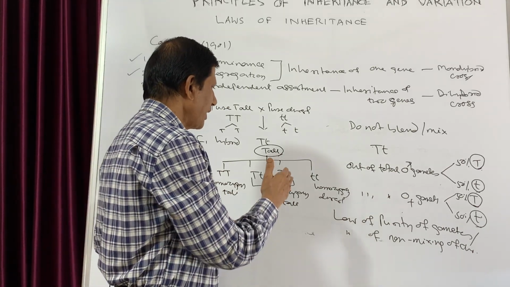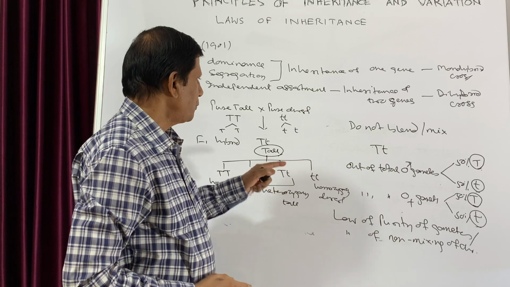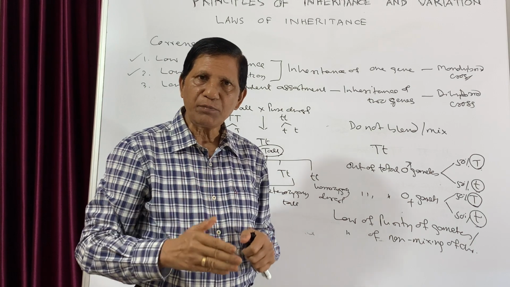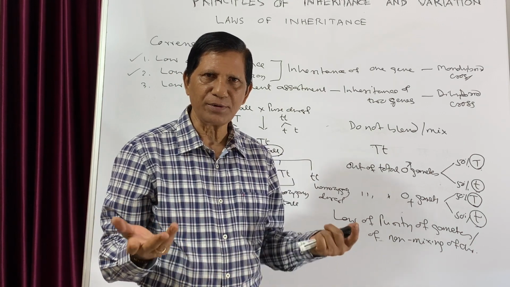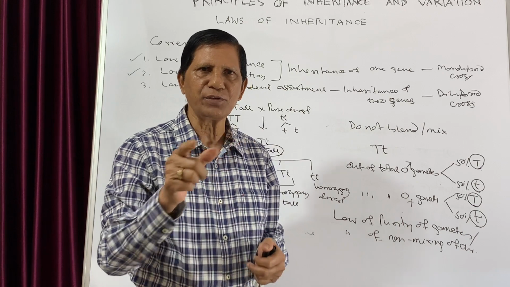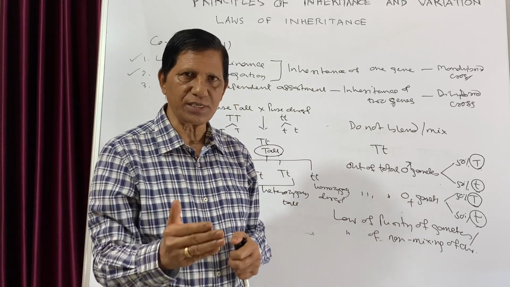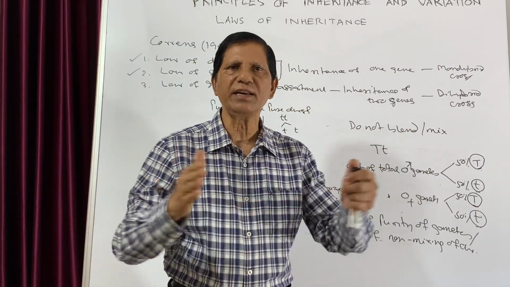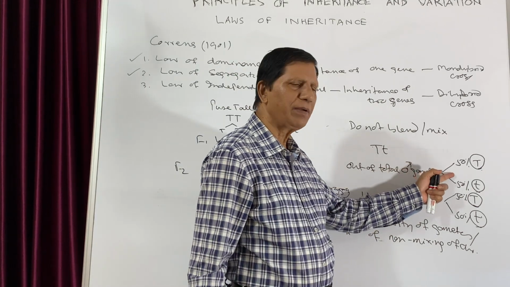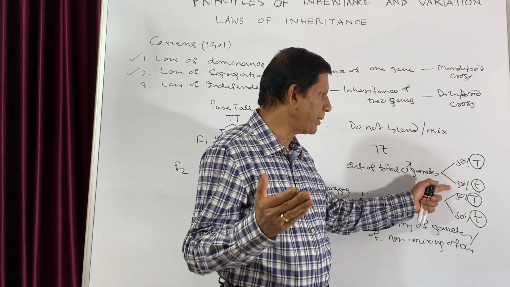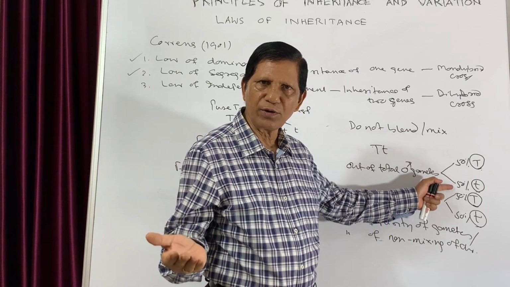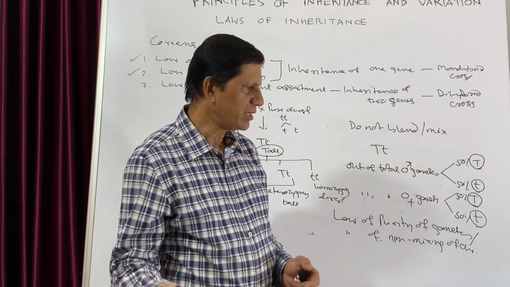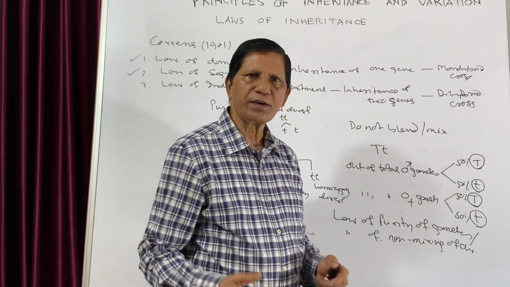That means, though in the parent both the alleles are present together, during the formation of gametes there is meiosis. During this meiosis, the gametes on both the male side and the female side separate, they segregate. So 50% of the male gametes contain capital T and 50% contain small t. Similarly, on the female side, 50% of the eggs contain capital T and 50% contain small t.